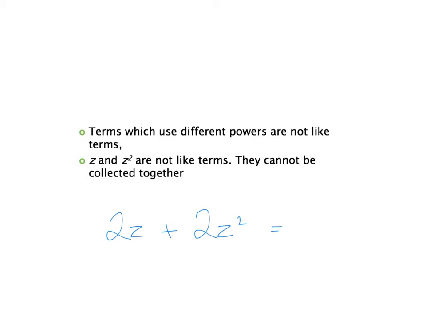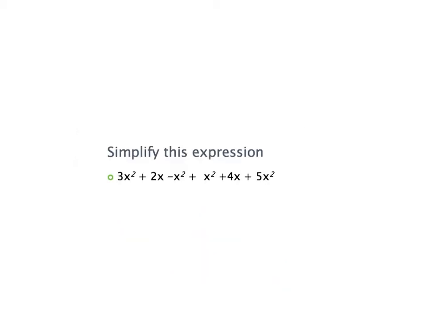So I can't add the 2's together there. Okay, another example, if I had 3x plus 5x squared, no, can't do anything there. x and x squared, they're unlike terms. That may as well be a y or a z. I can't add them together. Okay, so I cannot simplify those. They just stay as they are.